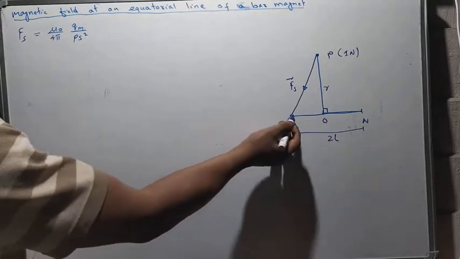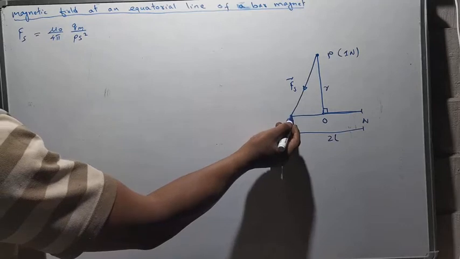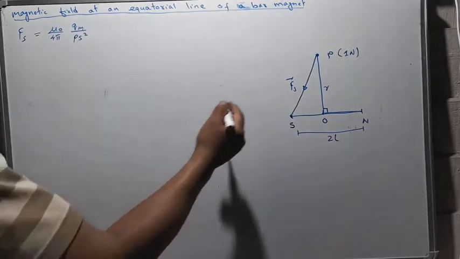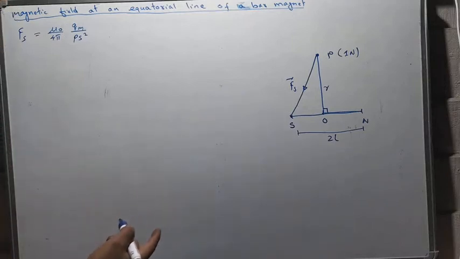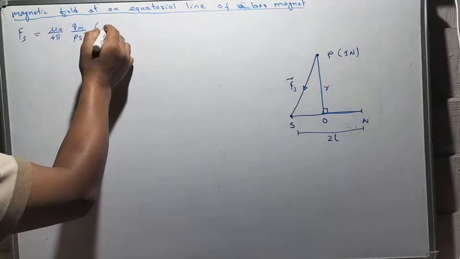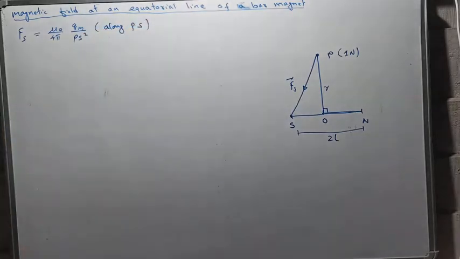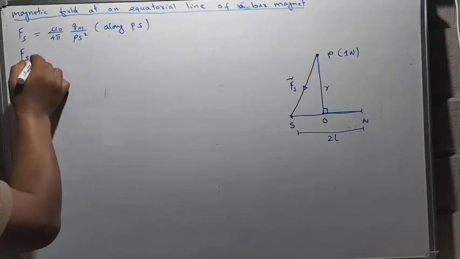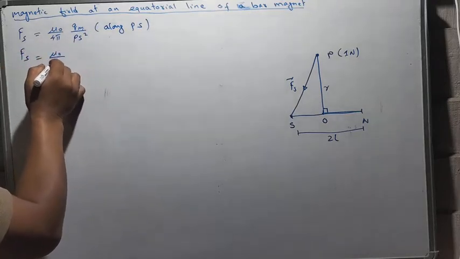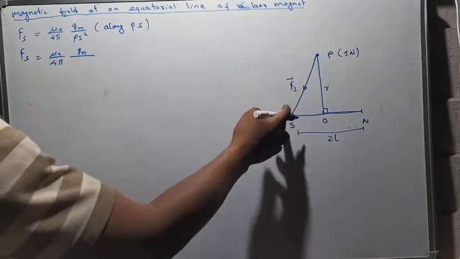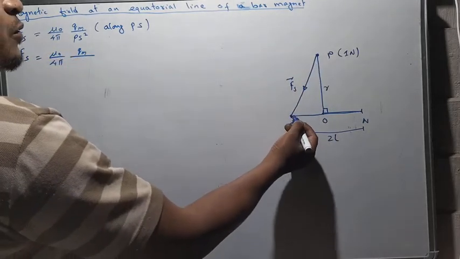I hope you still remember this Qm, it is the strength of the poles. At this point the magnitude of the south pole is Qm. When you talk about the direction it means minus Qm, but the magnitude is just Qm. And it is acting along PS. So Fs is equal to mu naught upon 4 pi, Qm upon PS square.